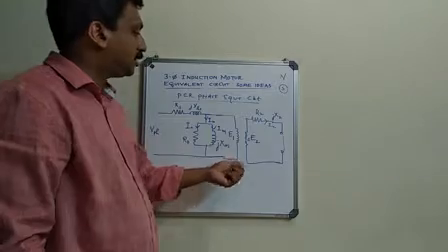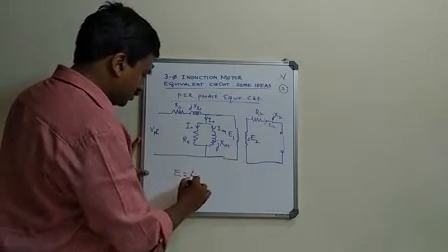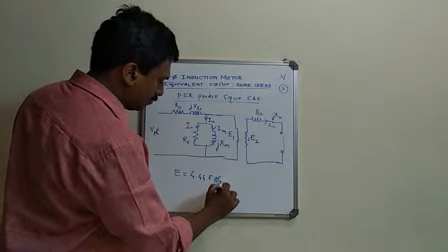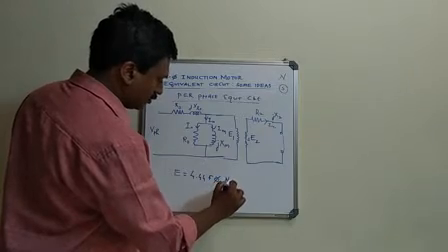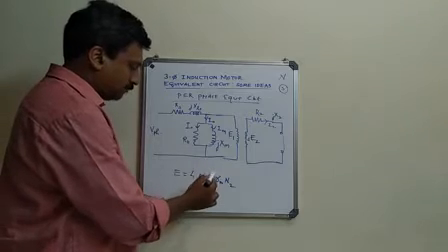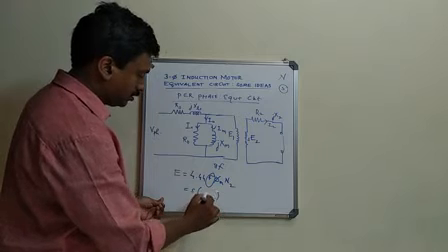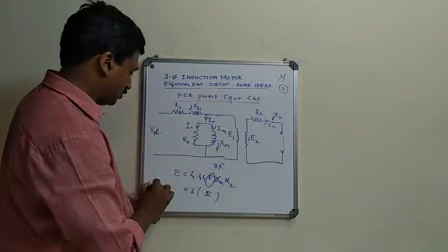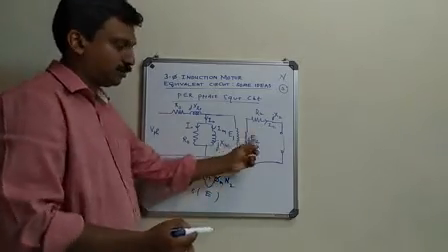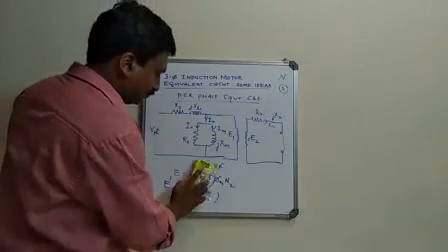How that comes is, you can see the induced EMF per phase is 4.44 f phi N2, with some conductors N2. Now when you change this f to sf, it becomes s times whatever quantity it was previously. So let us call it some E dash. So E dash is s times E2. So it changes to that value.